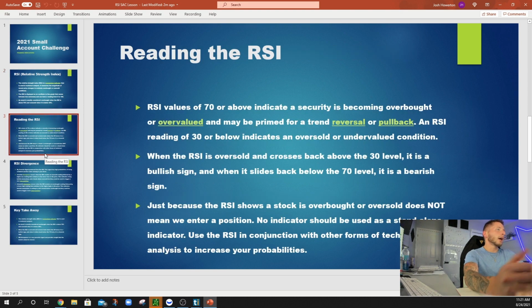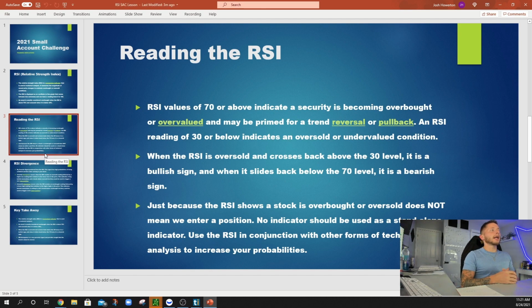So now, how do we read the RSI? We know that RSI values of 70 or above indicate a security is becoming overbought or overvalued. It may be primed for a trend reversal or a pullback, right?